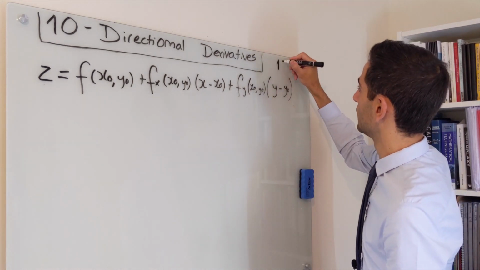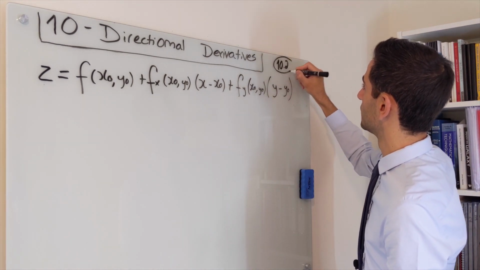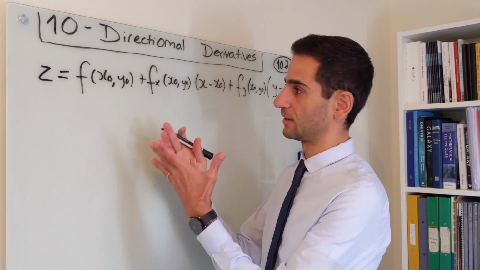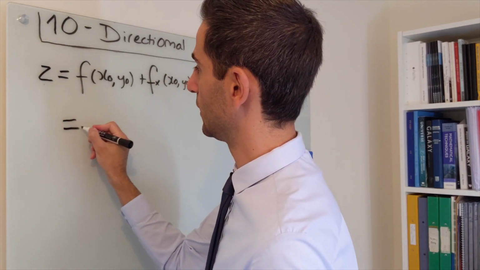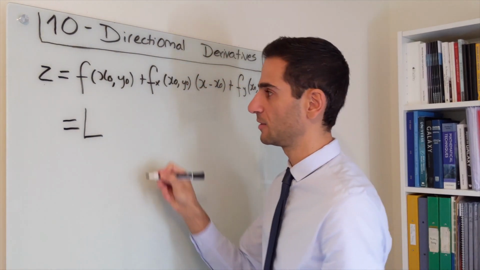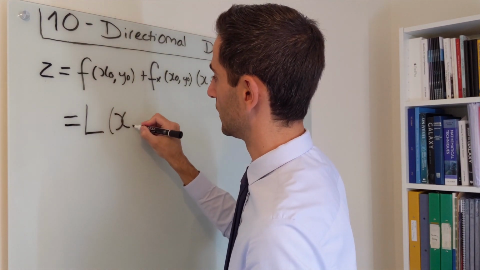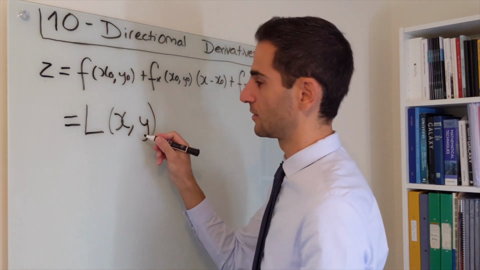And in section 10.2 in your lecture notes, what we also discussed is that this is also equal to a linear approximation that can be given in coordinates x, y.